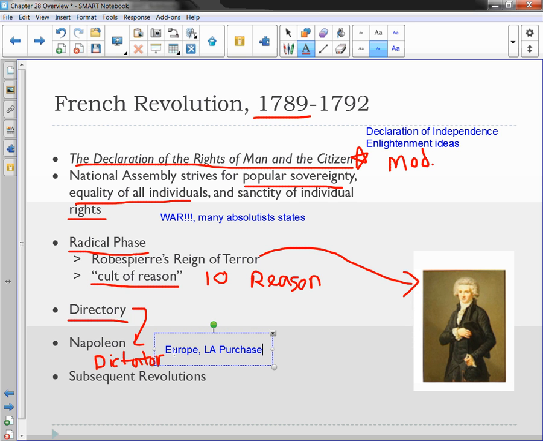He's very involved. But his eventual ouster and replacement with another Louis, another absolutist king, leads to subsequent French revolutions. There's a French Revolution in 1830, there's a French Revolution in 1848, etc., etc., etc.